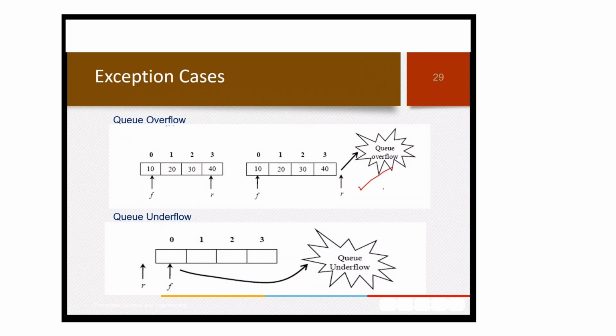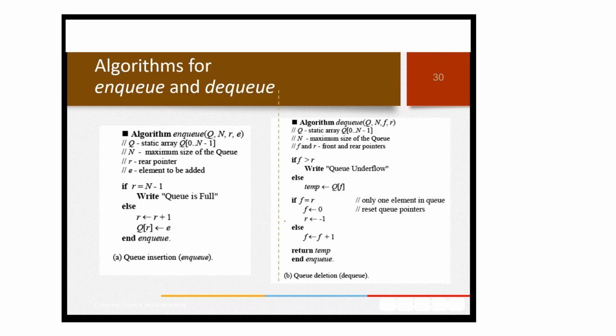That's similar to stack. What is underflow? When R is -1 and F is 0, that means no elements are there, right? Otherwise F greater than R. So enter queue, same thing, n-1 is overflow, something similar to top equals n-1.